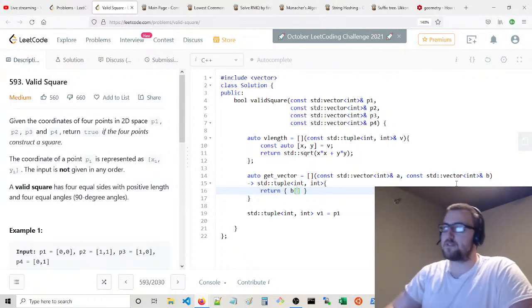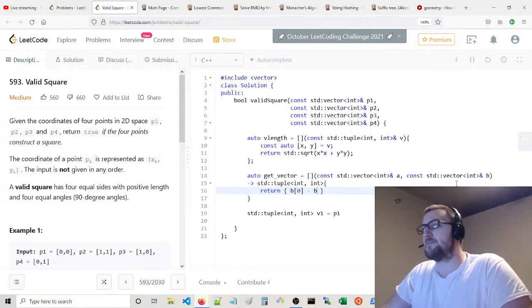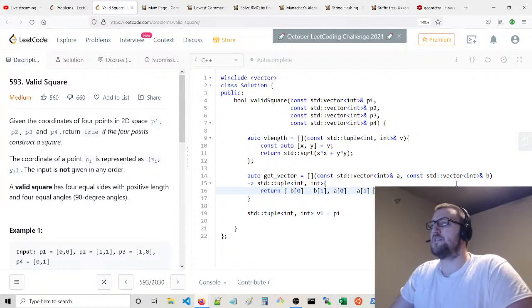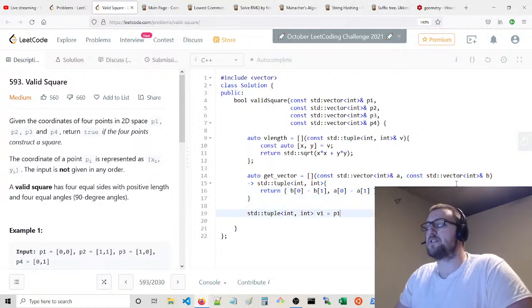So it's going to be b0 minus a0, and b1 minus a1. We return those tuples, so we get these vectors.